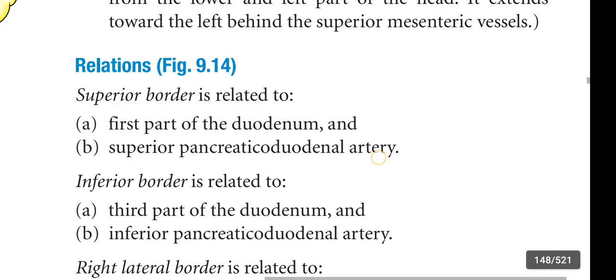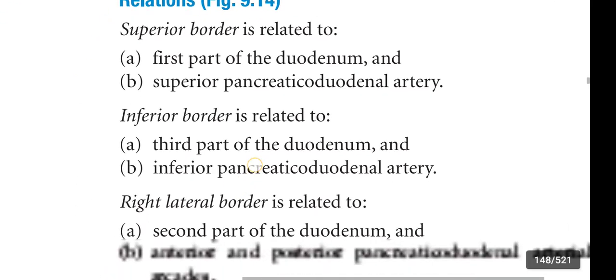Coming to the relations, the superior border is related to the first part of the duodenum and the superior pancreatico-duodenal artery.